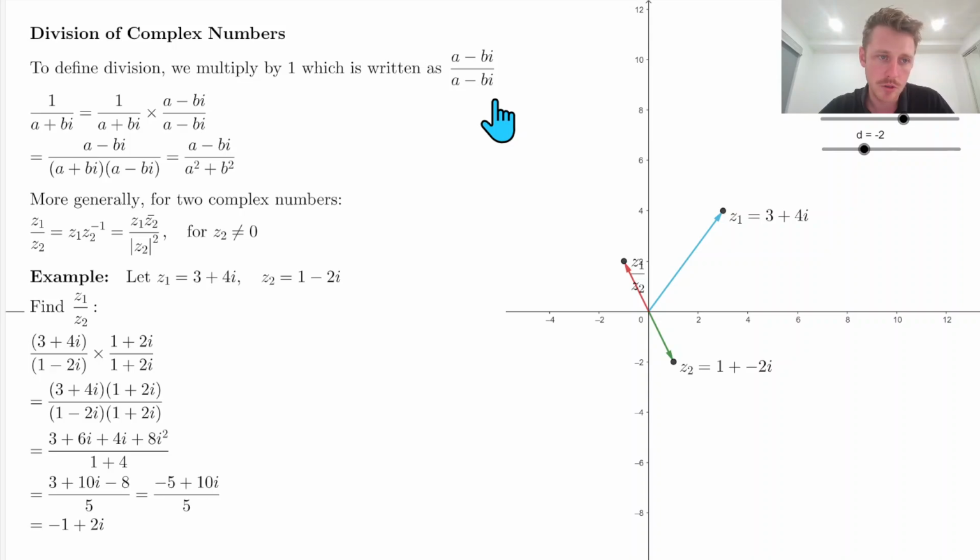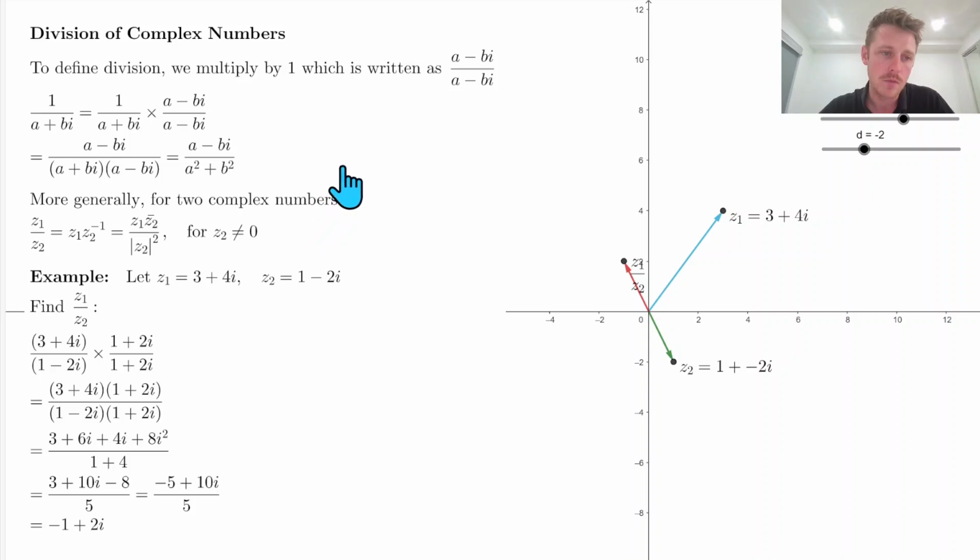As we should say first, we're going to take the reciprocal of our complex number, so we do 1 over a plus bi. And we can strategically multiply that by the conjugate over the conjugate. So we're going to take 1 over a plus bi multiplied by a minus bi over a minus bi. Multiply the fractions, you'll get something like this.